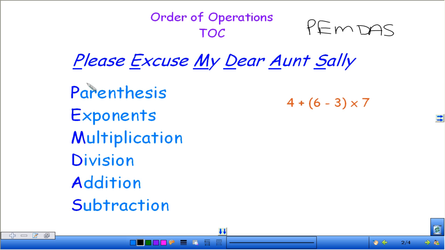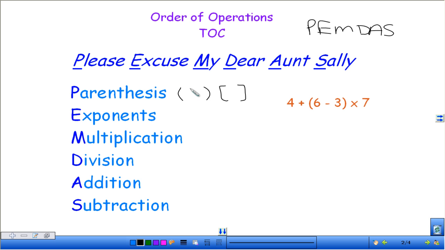Okay? So I'm going to go through parentheses. I'm pretty sure you guys know what parentheses mean. Anytime you see the little parentheses, you need to do everything inside there. Something you might not see this year, but maybe in future years, are things called brackets. And they look like this. If you want to write those down, those are considered parentheses in order of operations as well.